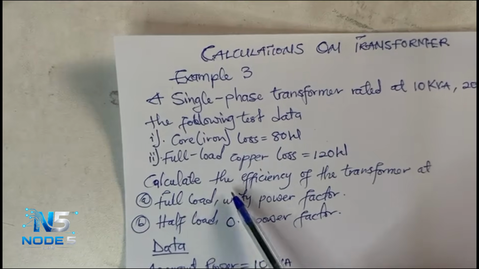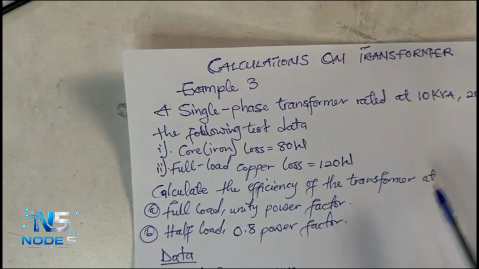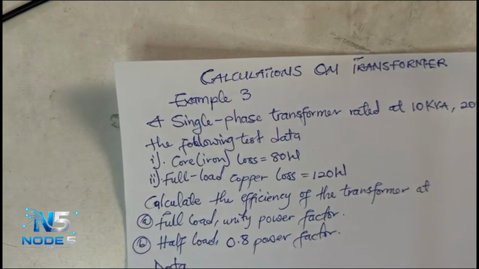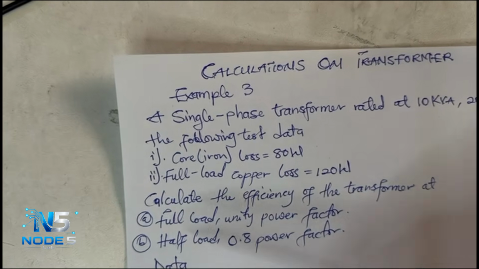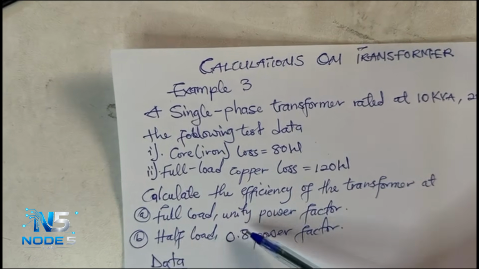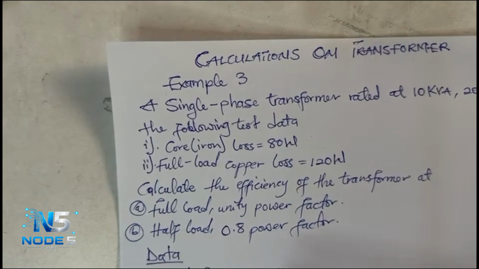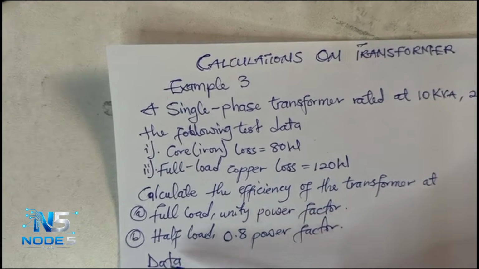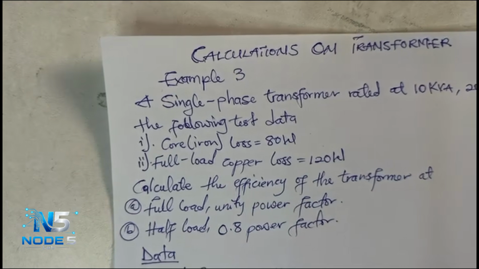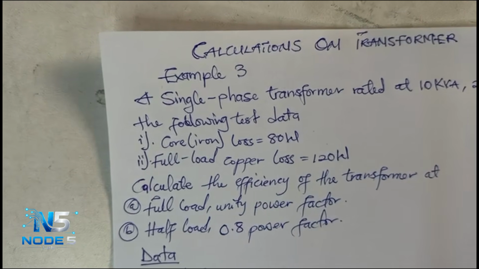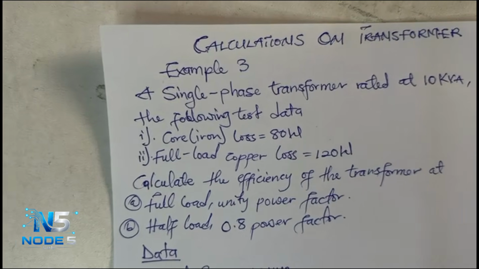We are to determine the efficiency of the transformer at the following options. The first one is full load, when the power factor is at unity, and then half load when the power factor is 0.8.